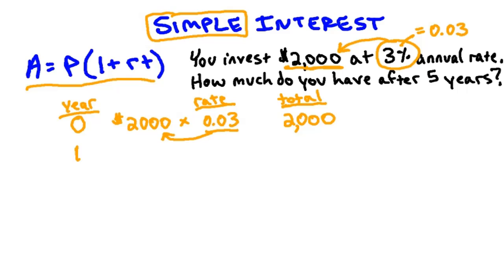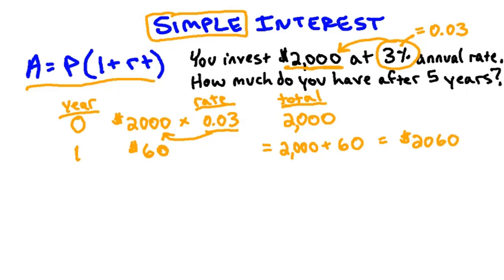So 2,000 times 0.03 is $60. So at the end of year one, you're going to have your original $2,000 plus another $60.